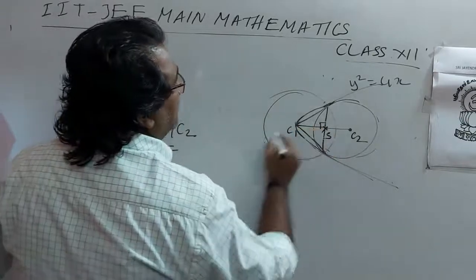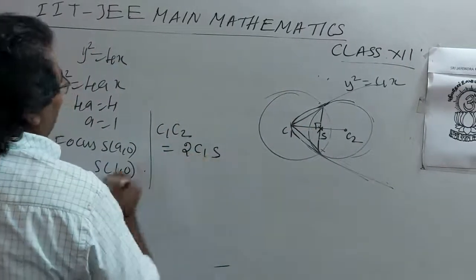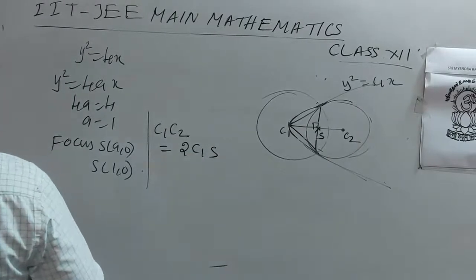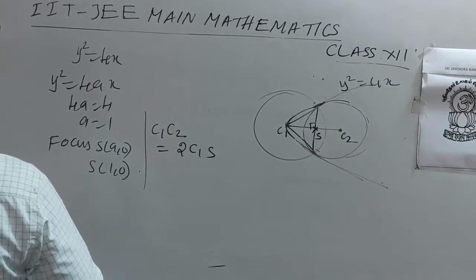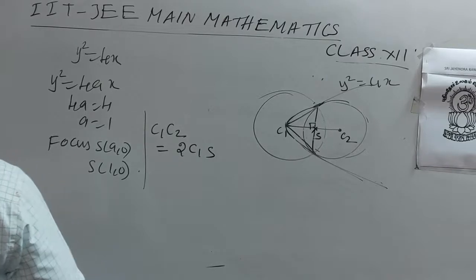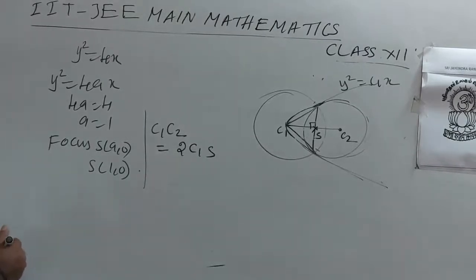This is perpendicular. So T is C1S. So length of the latus rectum is 4.